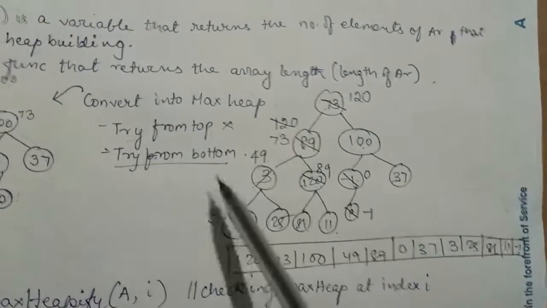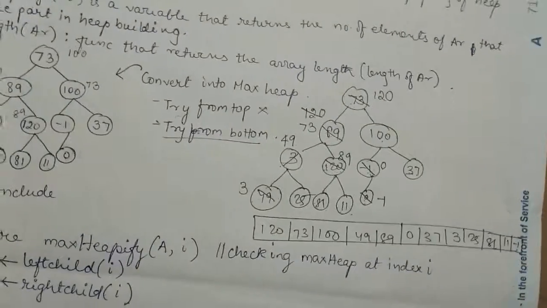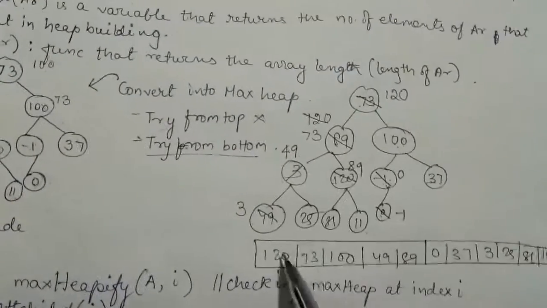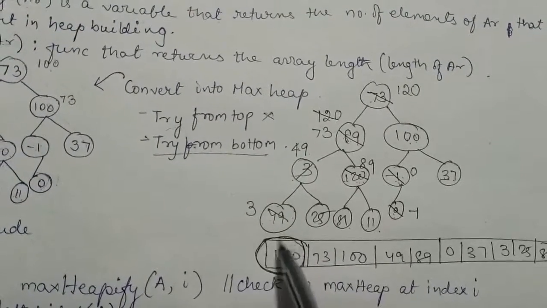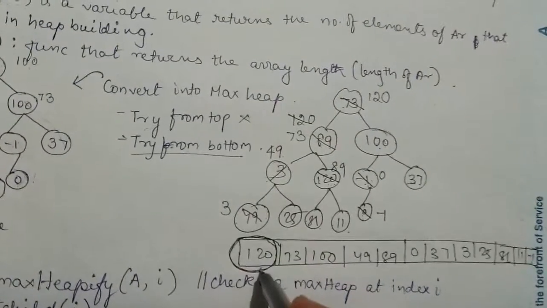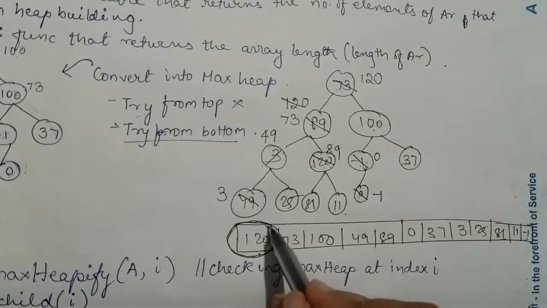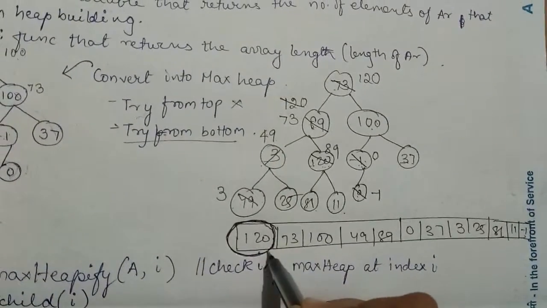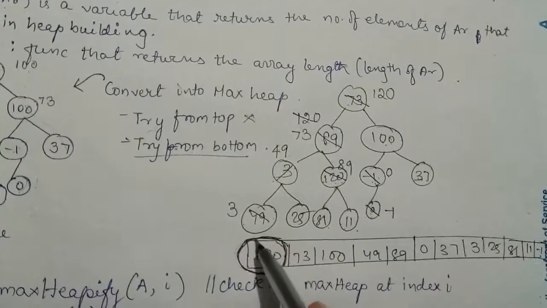So doing maxheap one time won't guarantee that we will get the sorted array. We will only get the highest element at the first index because it is the maxheap. If it was minheap, then we will get the minimum element at the first index. What we do in heap sort is, this was the maxheap, so we got the greatest element at the first index.